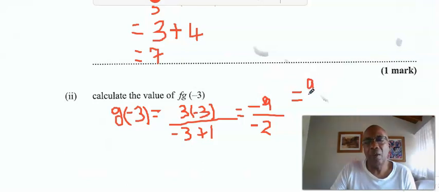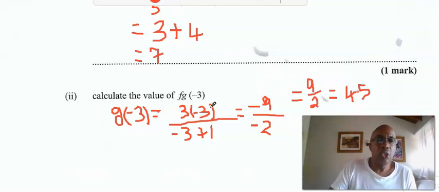You can leave it like that, or if you want to, you can change to a decimal. If you prefer working in decimals, if you divide 9 by 2, you're going to get 4.5. So any one of these, the fraction or the decimal. So now we have to find f of that answer. f of 9 over 2 or f of 4.5.